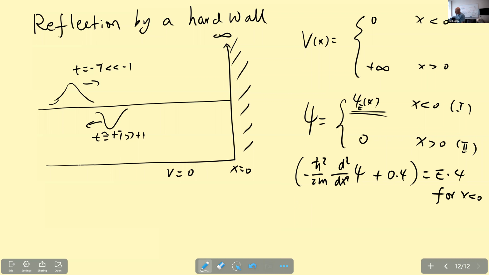That's very simple, right? So given the energy E, there's a solution. And this solution, of course, is very simple. It's just plane waves.